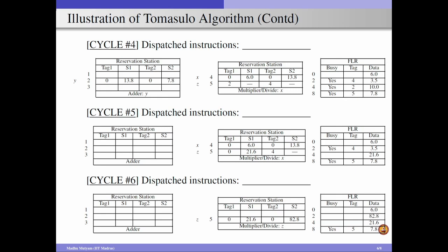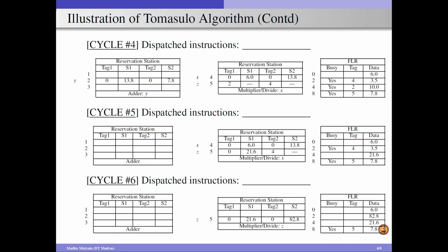So the 2 operands for this last multiply operation are available. As a result, we start executing this multiply operation using this multiplier functional unit in cycle 6, and it is going to take 3 cycles to complete. As a result, in cycle 9 we will get the value computed by this multiply operation, and accordingly we will update register R8 in the register file.